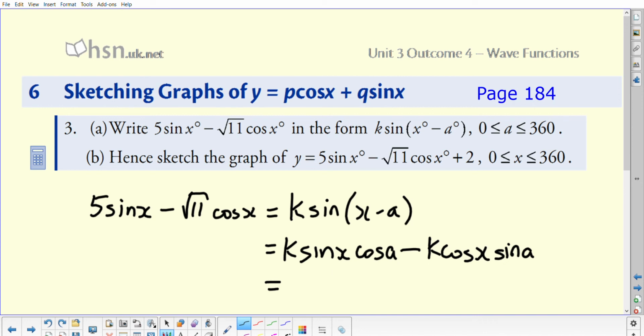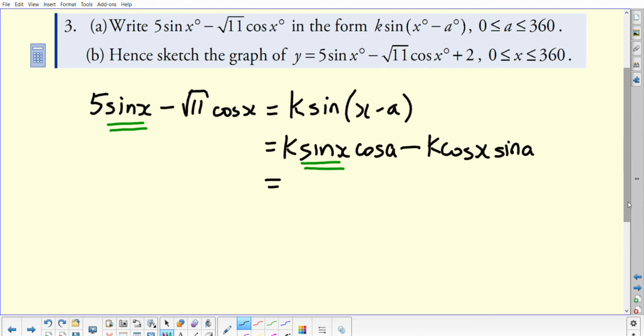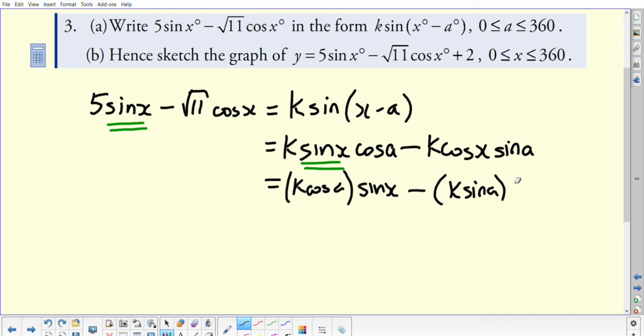So if you're looking at that, there's your sine x, there's your sine x. What's multiplying your sine x? You've got k cos a. So you've got k cos a sine x minus k sine a times your cos x. There's your cos x.